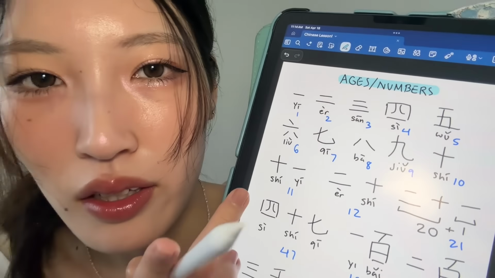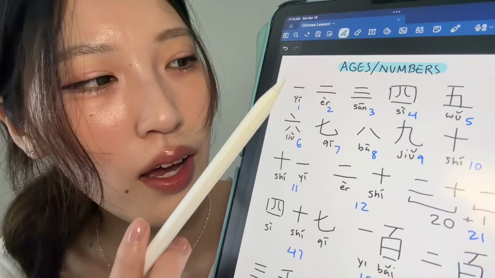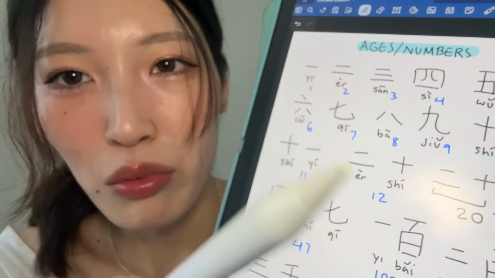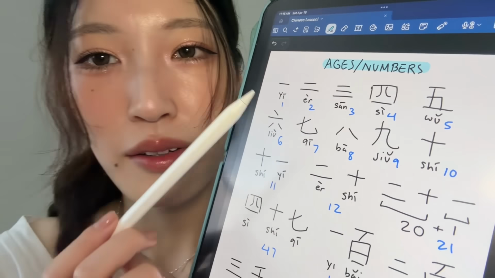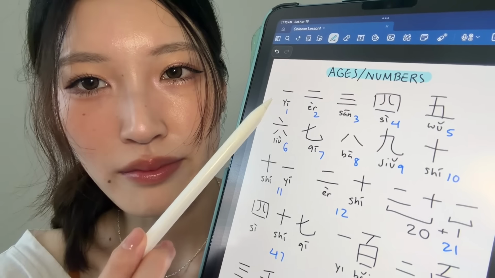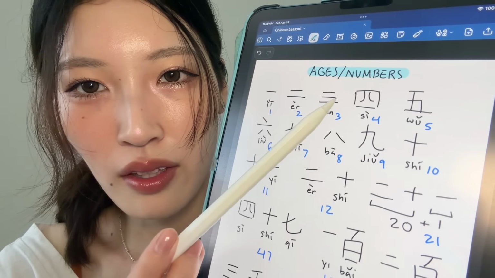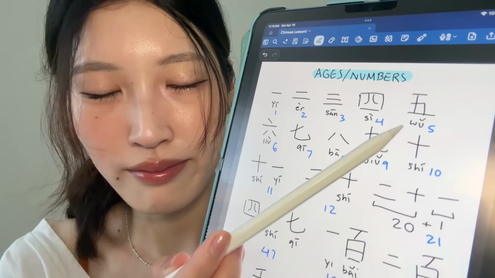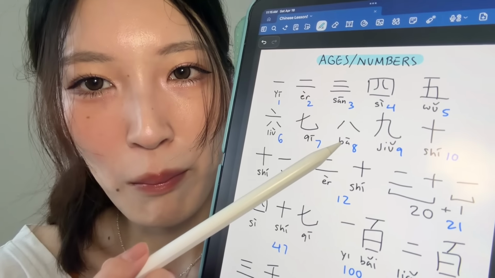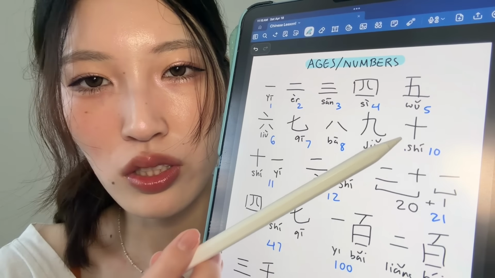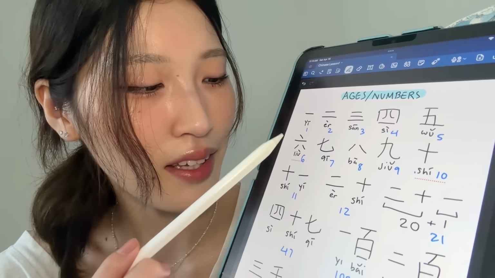Alright, can you just say this out loud? Okay, I'll just point with my Apple pencil and then you try to pronounce it, okay? Doing great, okay. Oops. I think I wrote something.